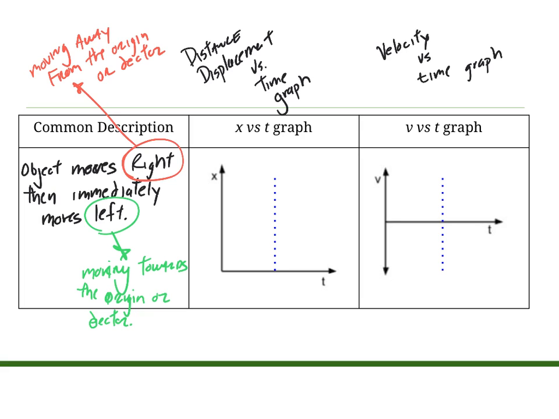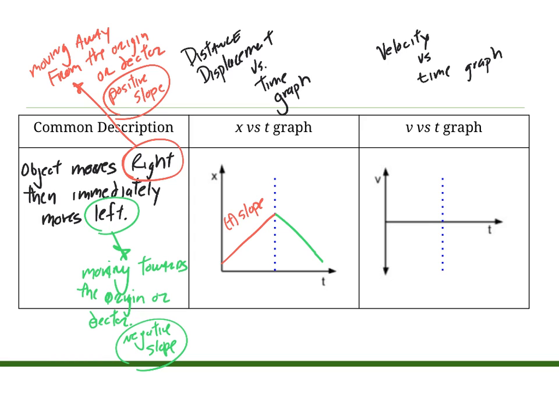So in this particular case, I'm going to draw my distance or displacement versus time graph like we did yesterday. So if we're moving right, that would give me a positive slope. So I'm going to draw that. And if we're moving left, that would give me a negative slope. So I would draw this. Okay? So to this point, I have a positive slope. And after this point, I have a negative slope.